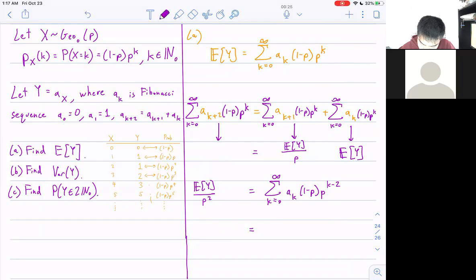But then we realize something that's kind of nice. We then just simply subtract that term in the initial expression. So if I do this minus what a_1 times (1 minus p) to that power is, that term that I'm missing is here.